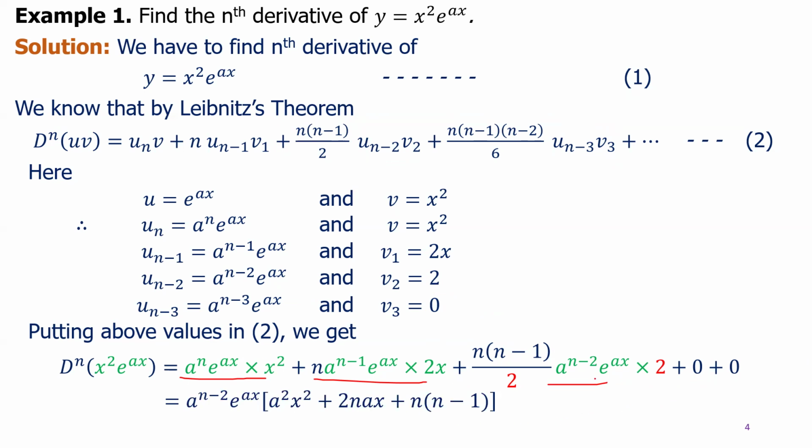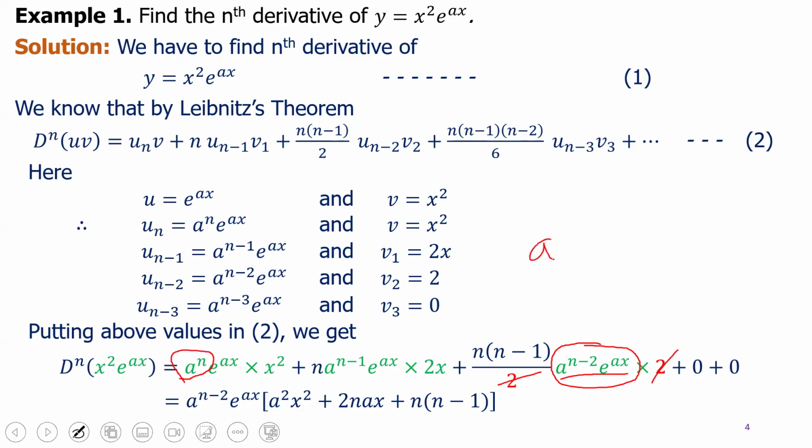Now e to the power ax, e to the power ax, and a to the power n minus 2, we want to take outside this term: a to the power n minus 2 e to the power ax. This 2 and 2 will cancel. So here, this is a to the power n, which can be written as a to the power n minus 2 times a square.